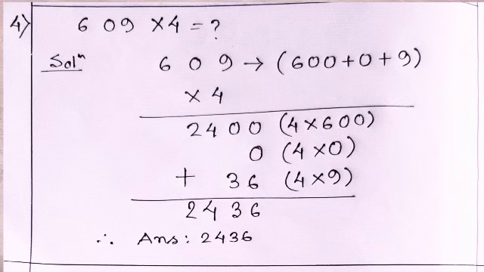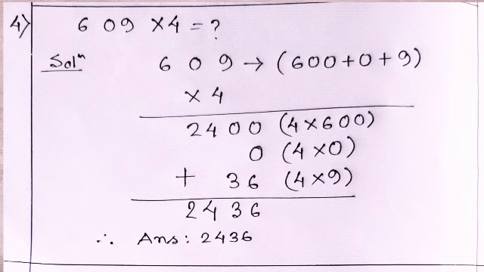Now let us discuss our fourth question. The fourth question was multiply 609 by 4. Here we have to choose first the biggest number, that is 609. Now we have to expand it first. If we expand 609, we will get 600 plus 0 plus 9. Then we have to multiply it one by one by 4.